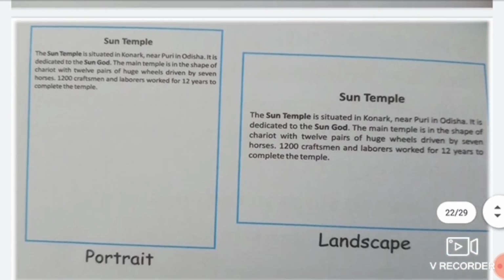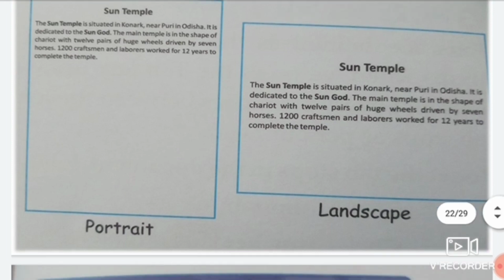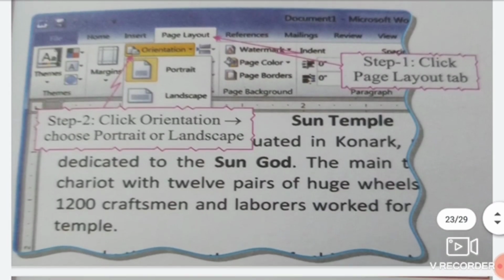Your text document will show in this way, as portrait in the first picture and landscape in the second picture. Just go to Page Layout, click on Orientation, and choose portrait or landscape.